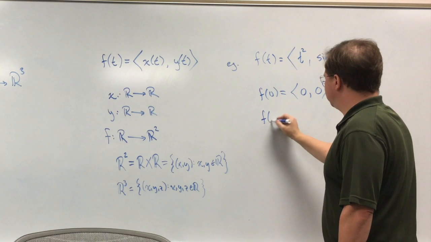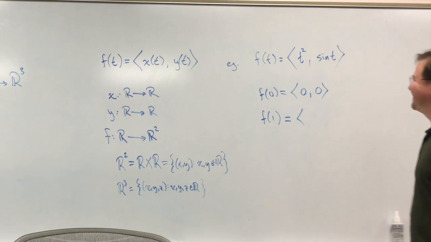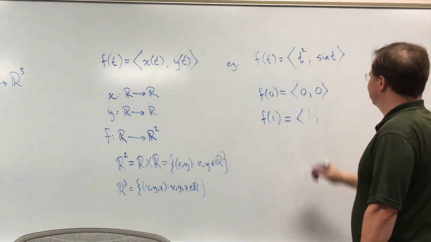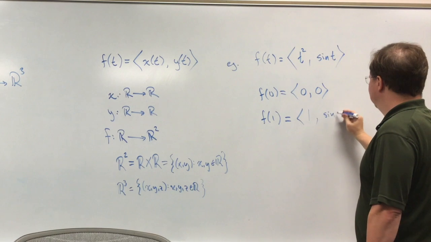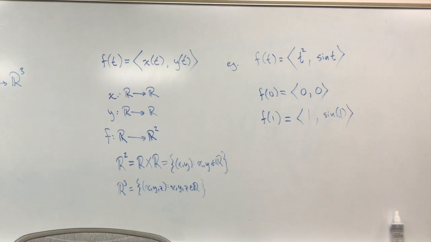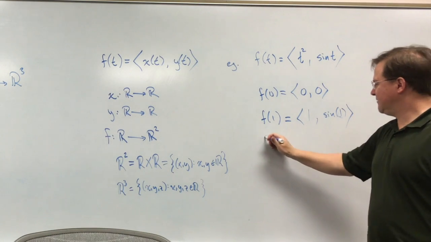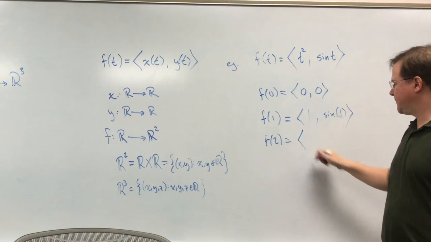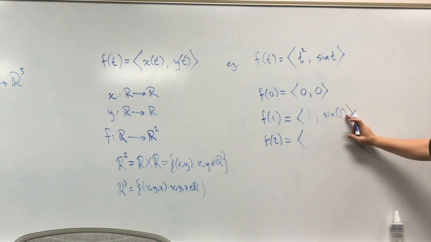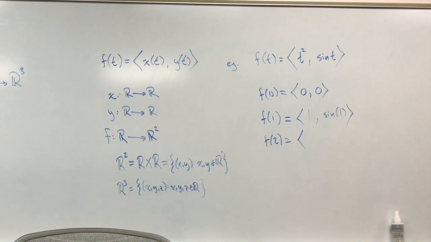That's boring. What if I plug in 1? The sine of 1, that's 1 radian, right? Somewhere in the first quadrant, so somewhere between 0 and 1. 1 radian is almost 60 degrees, a little less than 60 degrees.